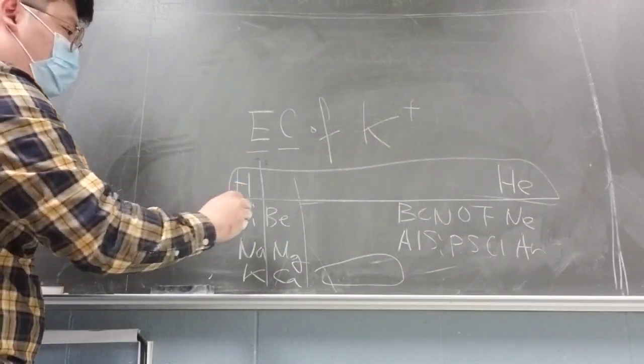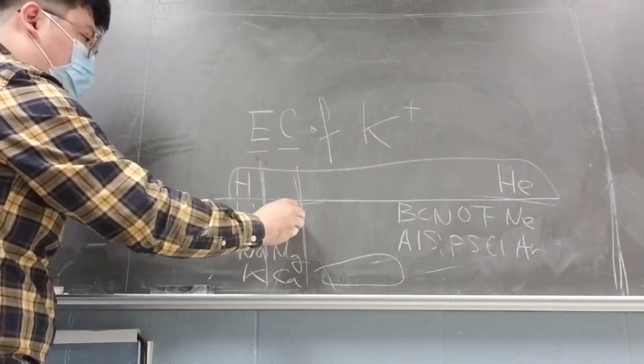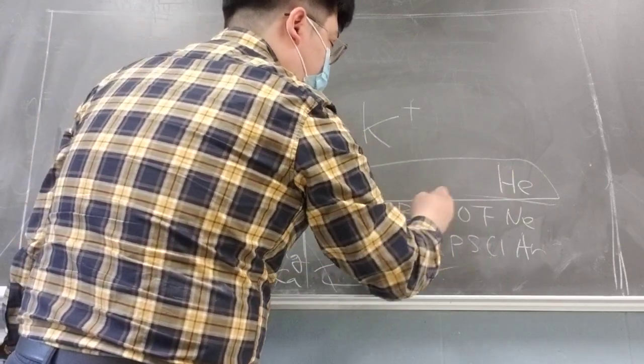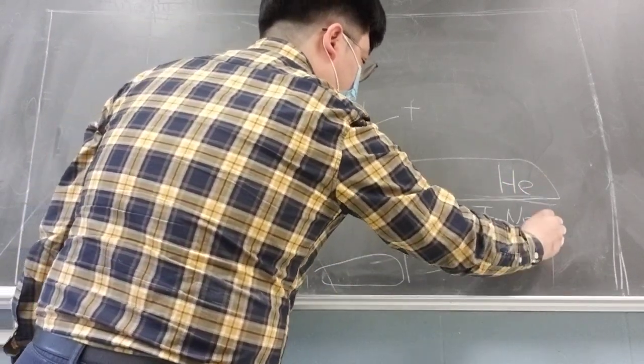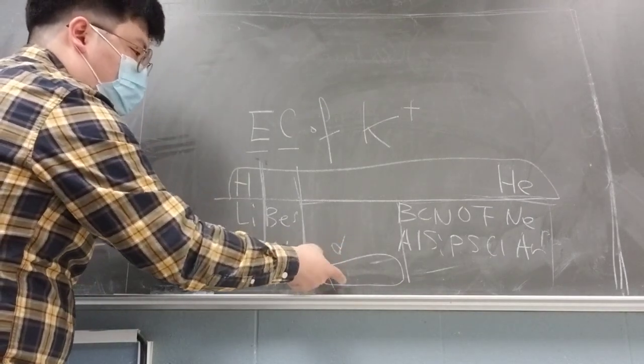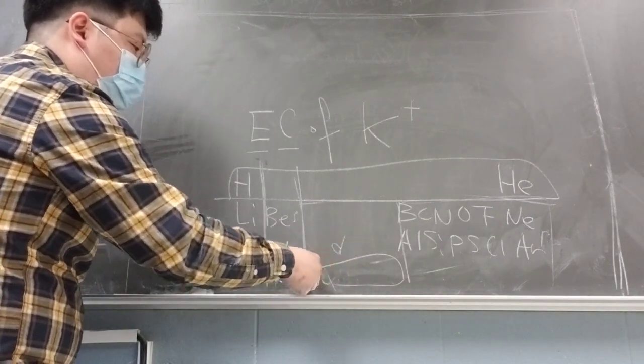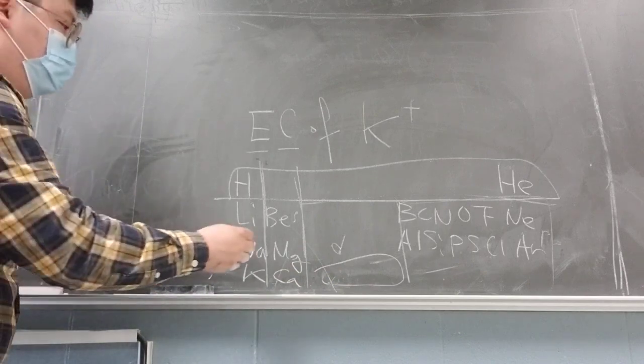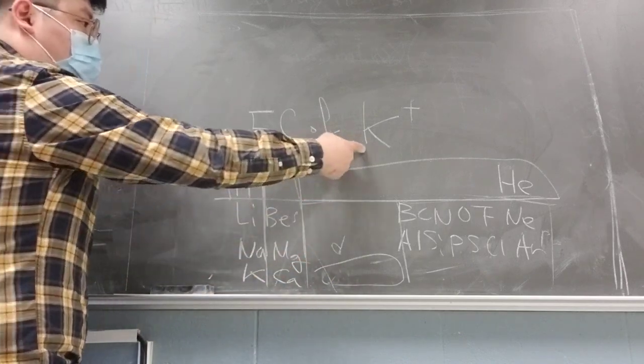First period is S block always, and the first and second columns are also S block, except the first period. The last 6 columns are P block, and somewhere in the middle is D block, and some columns down into D is F block, which we don't normally care about. Okay, so K is right here, right?